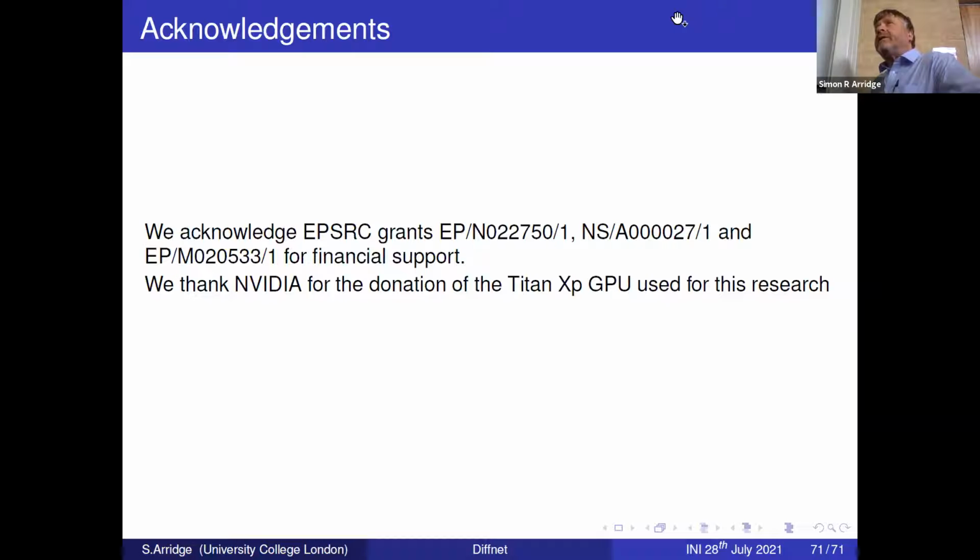But yes, there's no reason why that shouldn't be done. The gradient DiffNet does include operators of any chosen order. But we didn't test it on any explicit higher order data. But I think there's no reason. We're not relying on the maximum principle anymore.